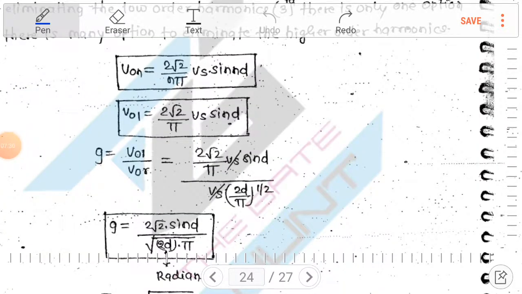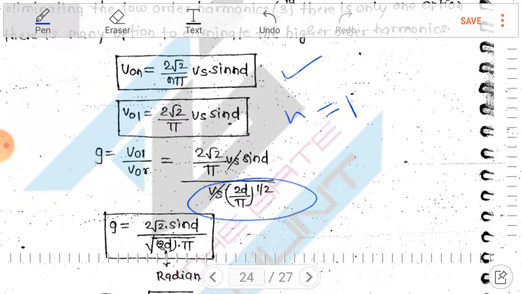From the Fourier series, we obtained the nth harmonic output voltage magnitude, and by putting n equal to 1, we get the fundamental component of the output voltage. We know that the output RMS voltage is Vs (2D/pi)^(1/2).